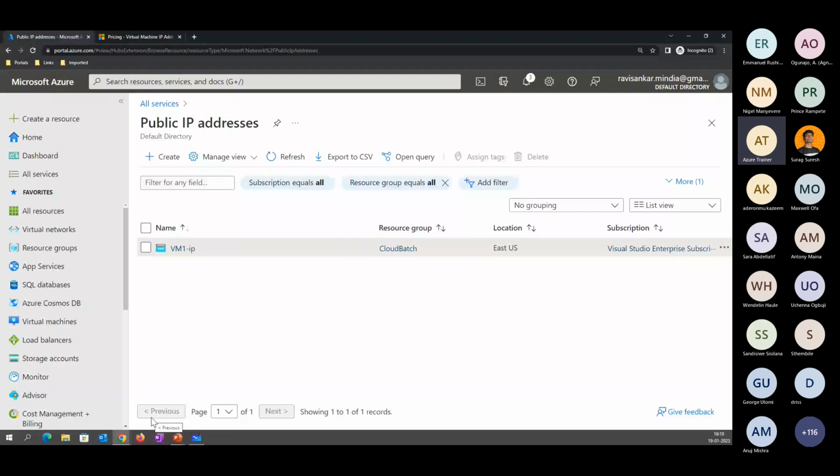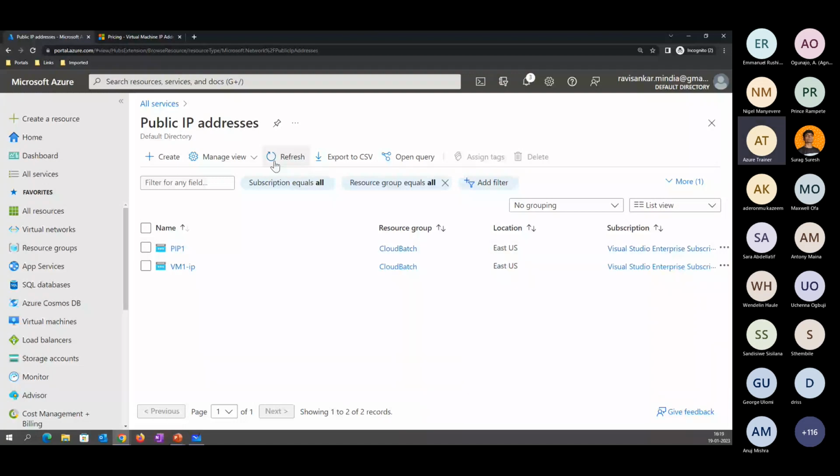It will take hardly a minute. Now you can see this public IP address has been created here.